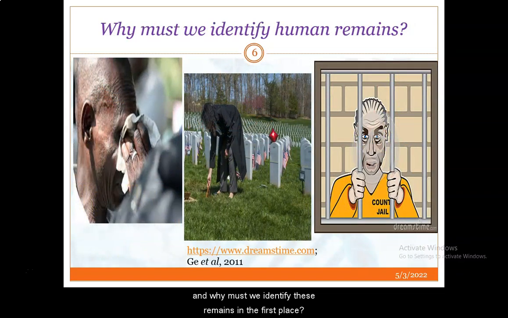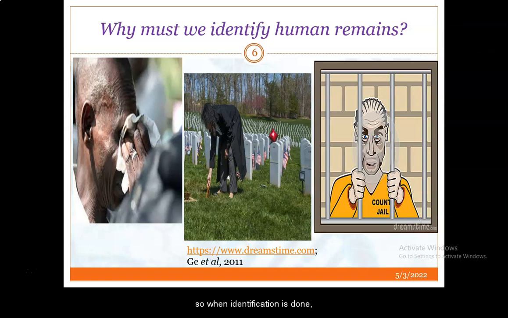And why must we identify these remains in the first place? Someone will say, of course, these are remains, so why must we spend so much money in identifying them? One is to bring relief to the bereaved family. It is not easy waking up every day and thinking that your beloved might be somewhere, just that you cannot find the person.